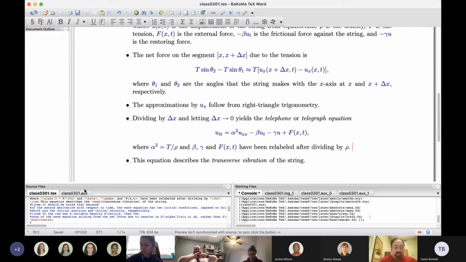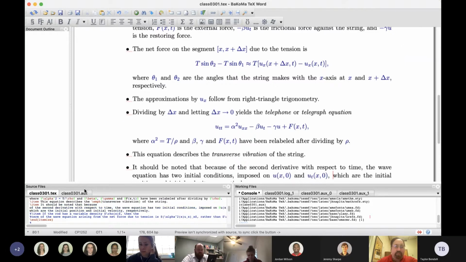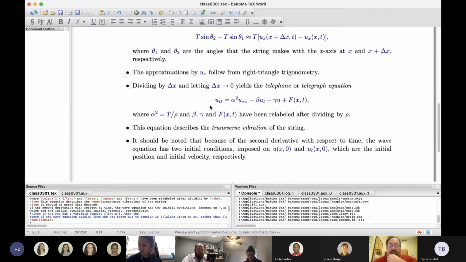All right. Now, for solving initial boundary value problems, we'll use some ideas that we've seen before for the heat equation, like separation of variables. But one thing we need to keep in mind is, because we have a second derivative with respect to time, that means you need two initial conditions. Just like in your ODE class, when you solved first order ODEs, you had one initial condition, and then you moved up to second order ODEs, and you had to impose initial conditions on y and y prime.